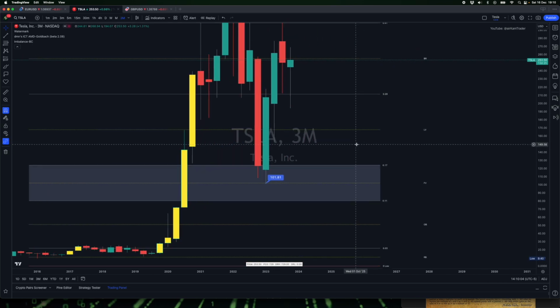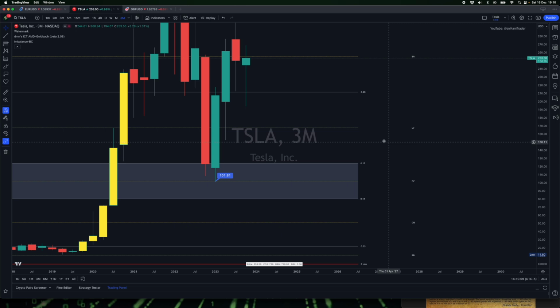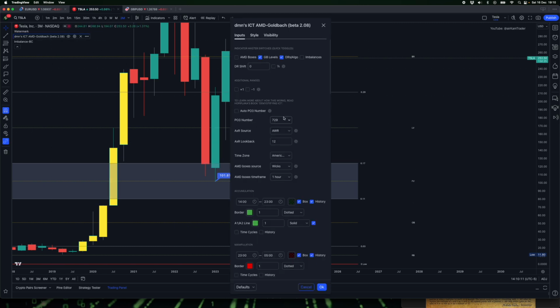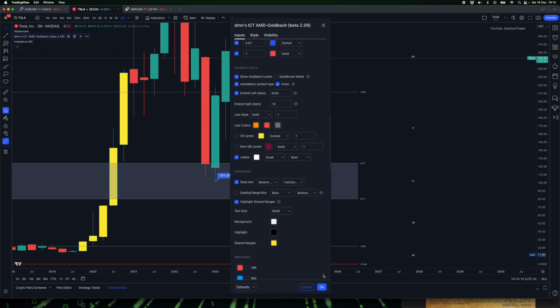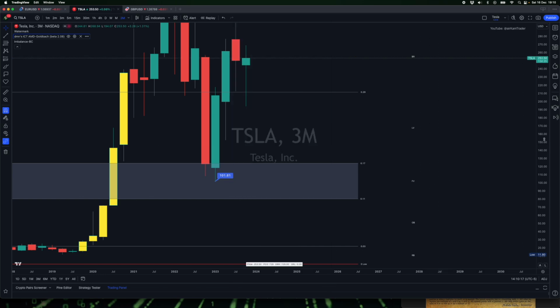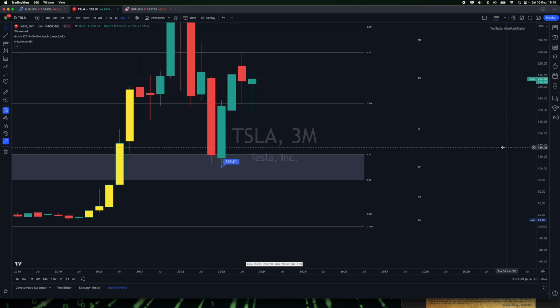Now, another piece of teaching, you have the normal Goldbach levels. So let me go back to them just to make the chart cleaner. Okay, so these are the normal Goldbach partitions: rejection block, order block, fair value gap, liquidity void, breaker block, and so on. ICT has taught you that the 50% level of the order block is the mean threshold, 50% of the fair value gap is consequent encroachment.